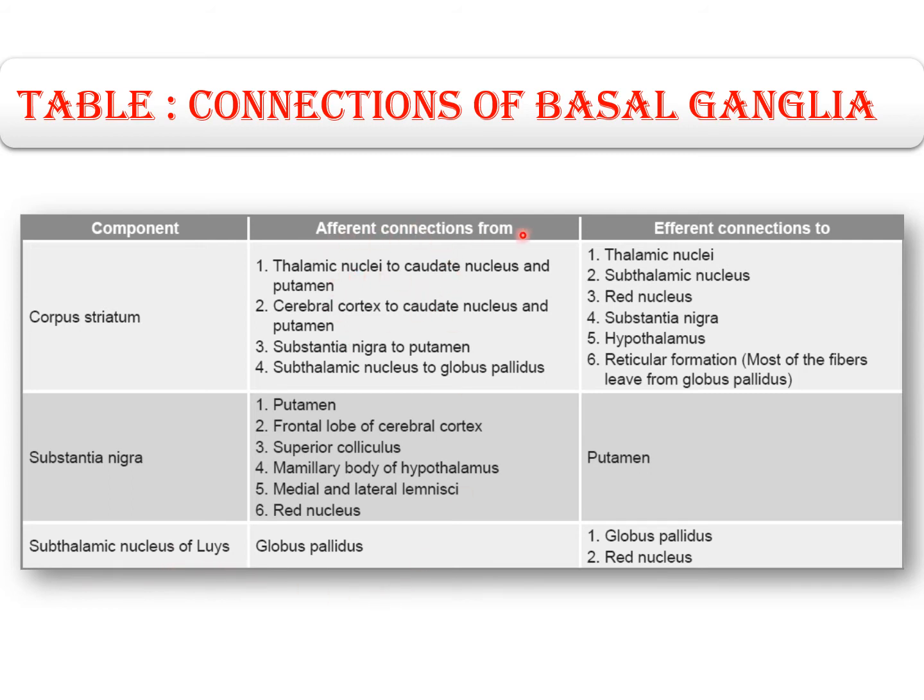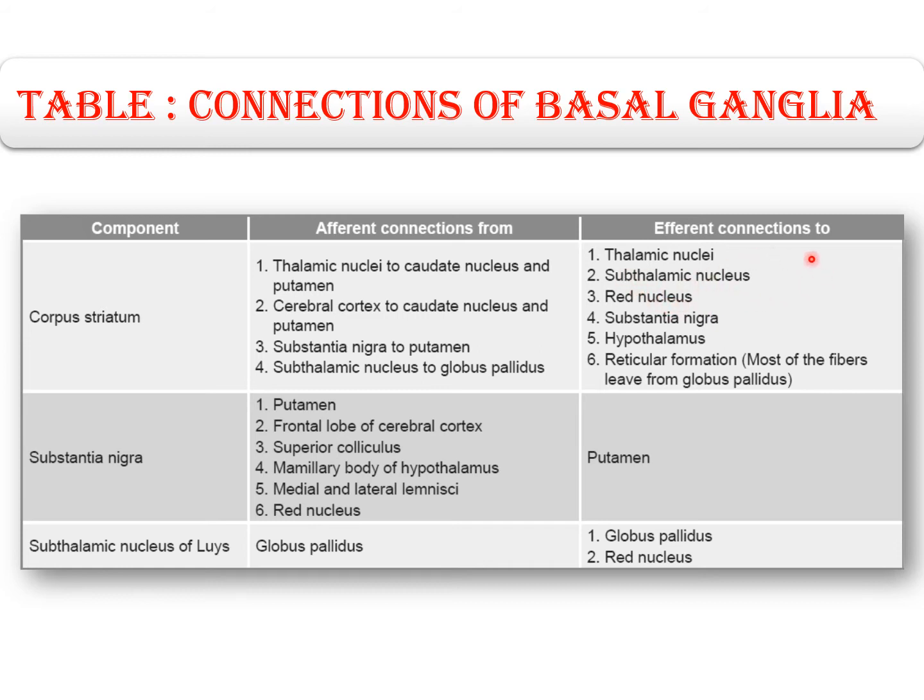So these are the afferent connections and these are the efferent connections. For the corpus striatum, afferent connections come from the thalamic nuclei to the caudate nucleus and putamen, from the cerebral cortex to the caudate nucleus and putamen, from the substantia nigra to the putamen, and from the subthalamic nucleus to the globus pallidus.